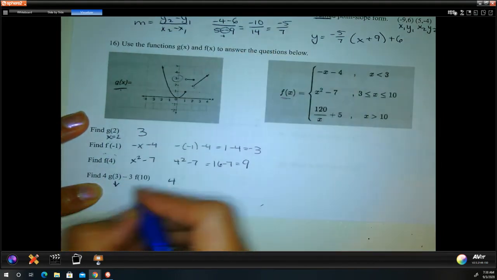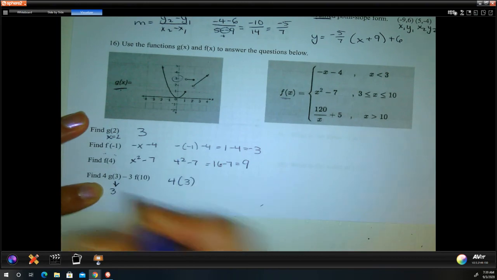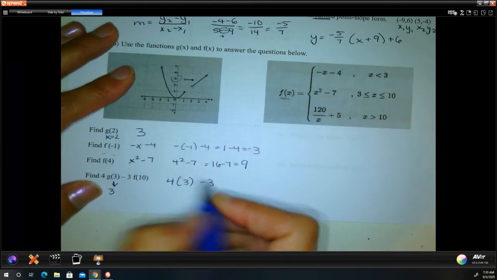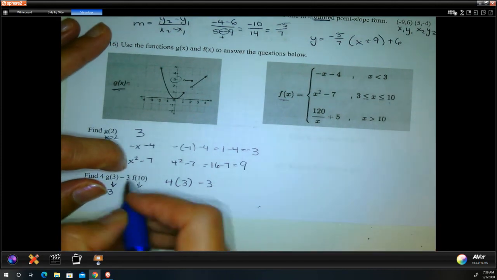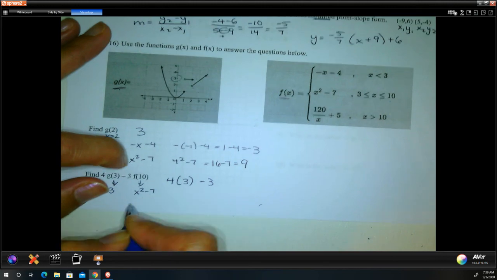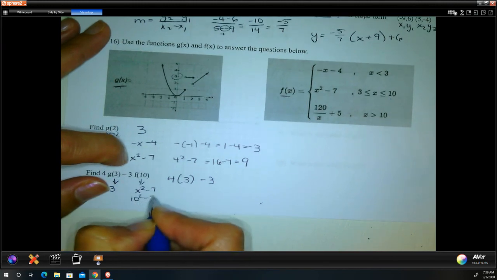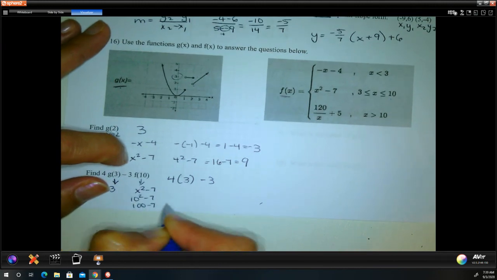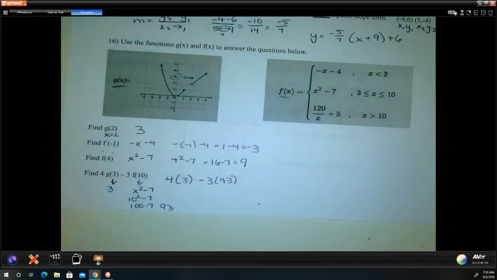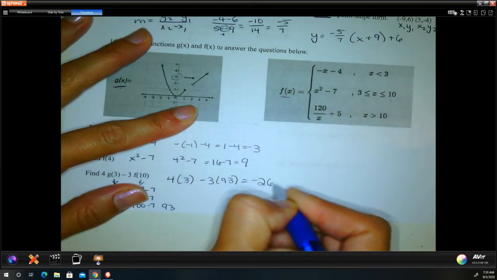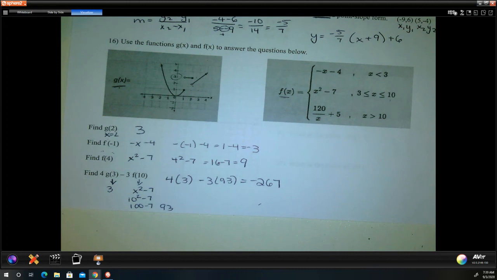That's 3 on the y, so that's going to be 4 times 3 minus 3 times f of 10. 10 is less than or equal to 10, so I'm thinking x squared minus 7, or 10 squared minus 7, or 100 minus 7, so 93. So we'd have 4 times 3 minus 3 times 93, which should give me -267. Okay, hope that helps.